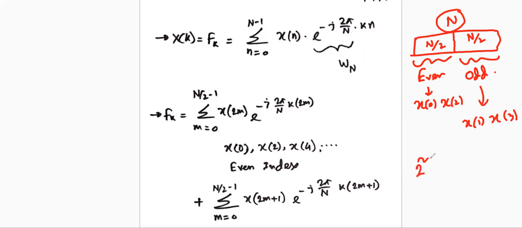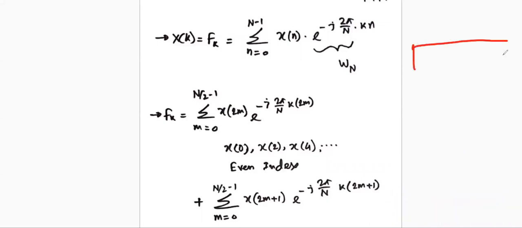So it should be 2 to the power 1, 2 to the power 2, 2 to the power 3, 2 to the power 4, and so on. That means N could be 2, 4, 8, 16, and so on.